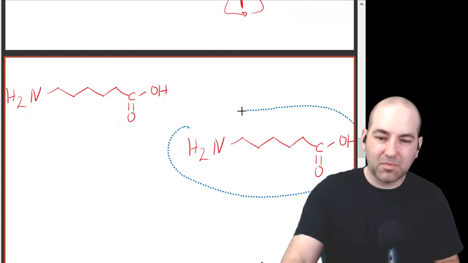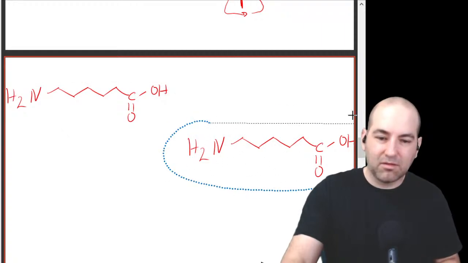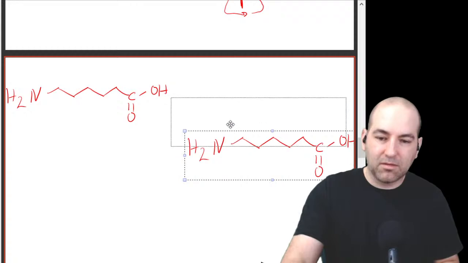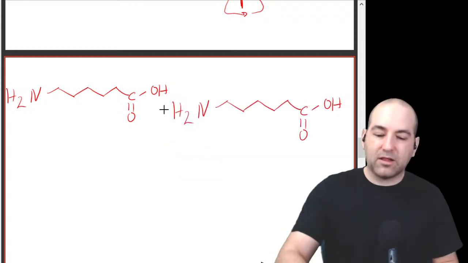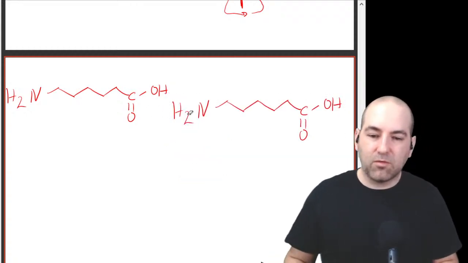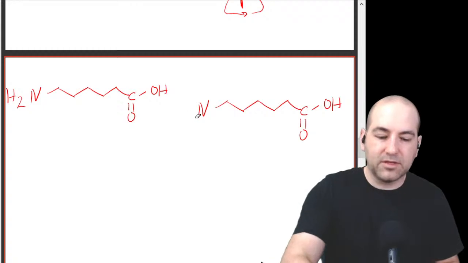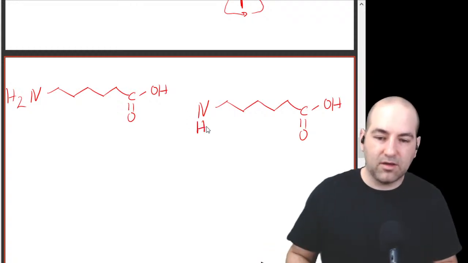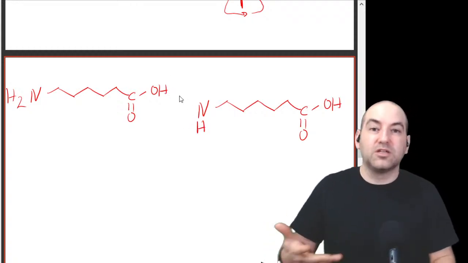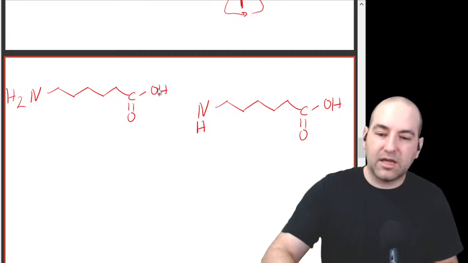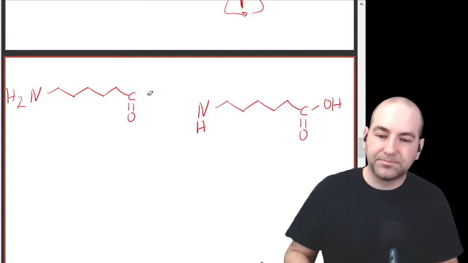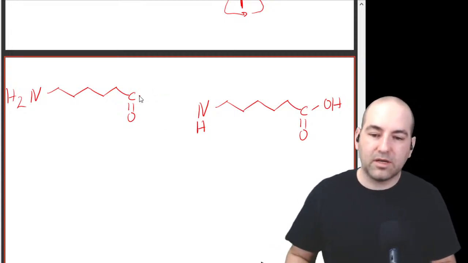That's okay. All right, I copied that molecule, and then I'm going to get rid of one of the hydrogens. So not both of them in this case, just one, because we're only taking two hydrogens to make water. And then we're taking the oxygen and the other hydrogen there. Then we connect what's left.